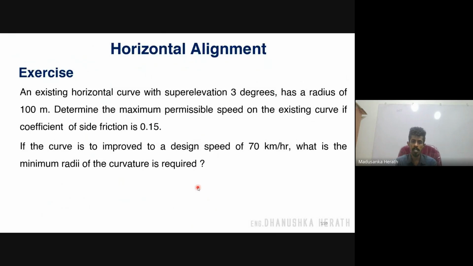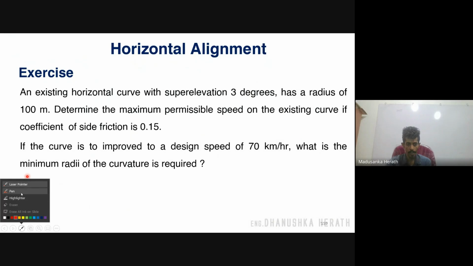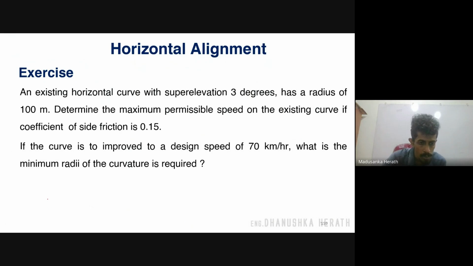Exercise: an existing horizontal curve with super elevation 3 degrees, then E is tan 3, not 3, has a radius of 100 meters.